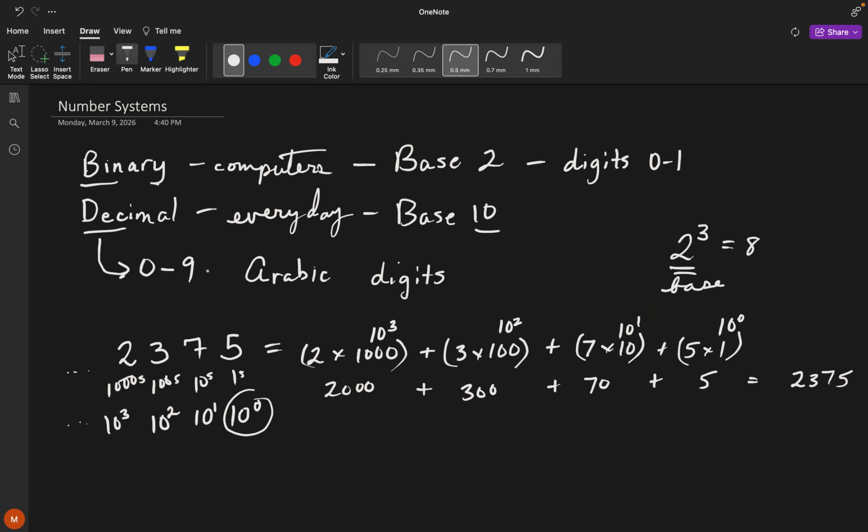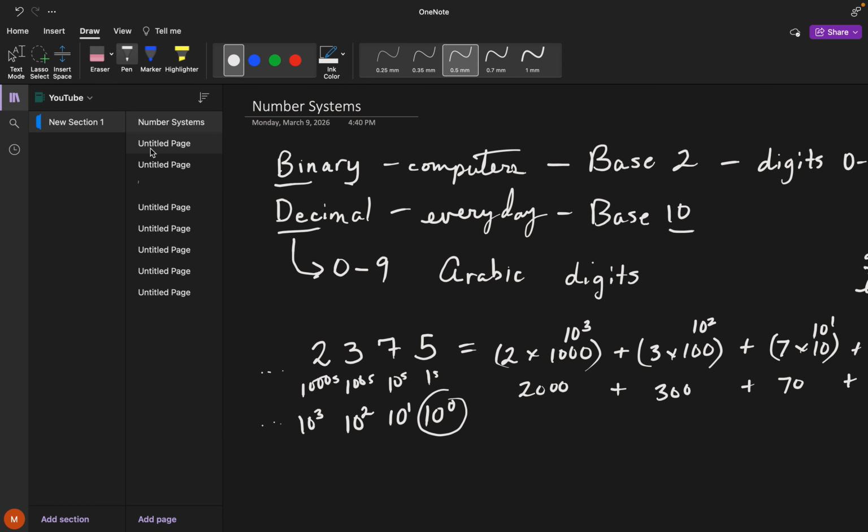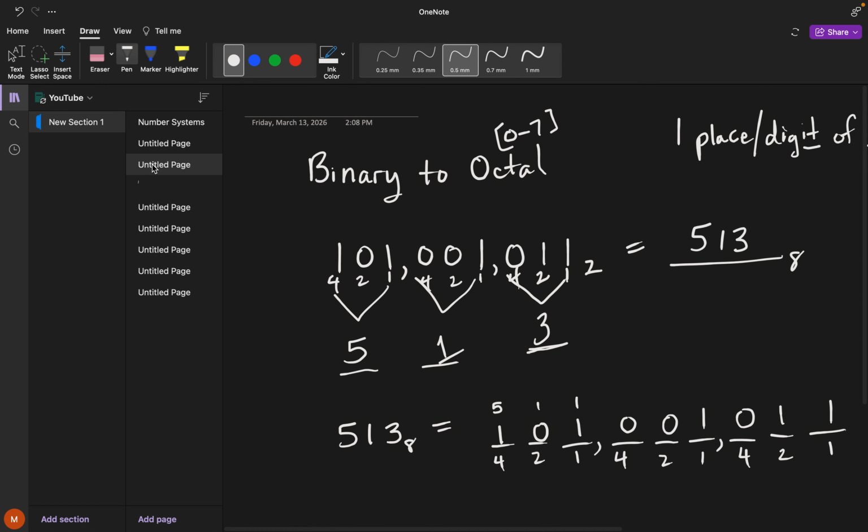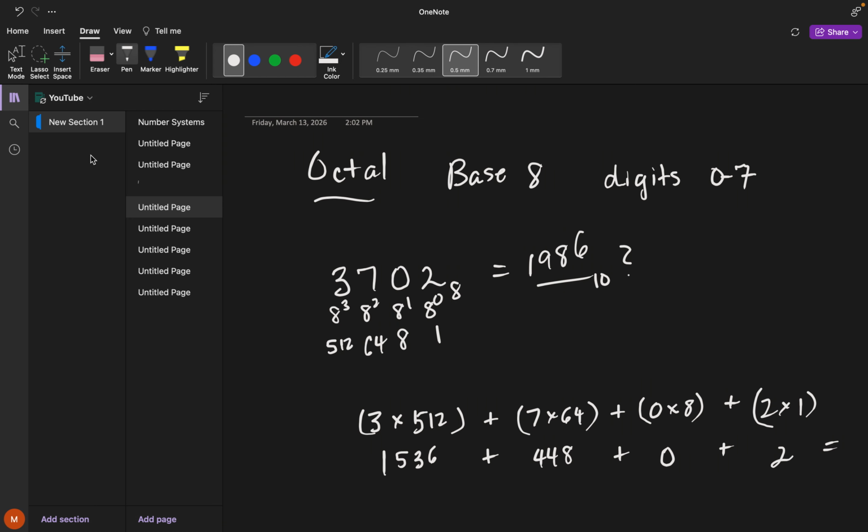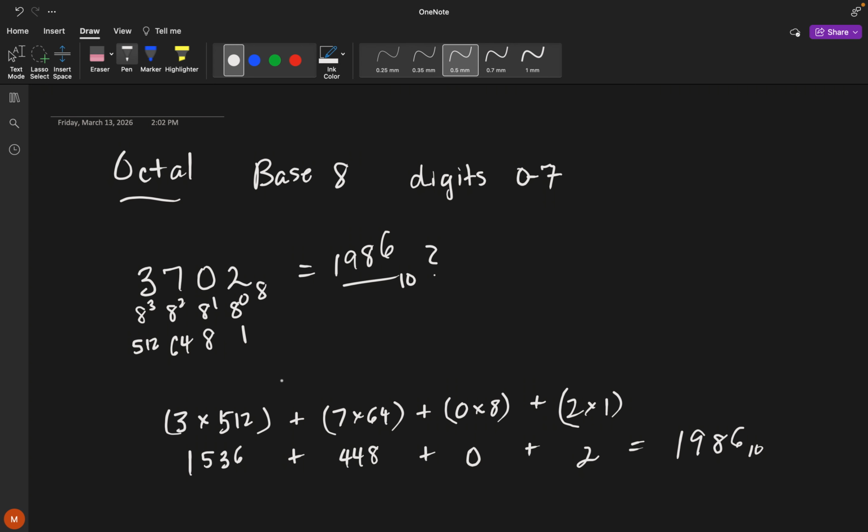So like this for base 10, or like this for octal. You just change the base and evaluate what each place value is equal to and expand it out and do the math.